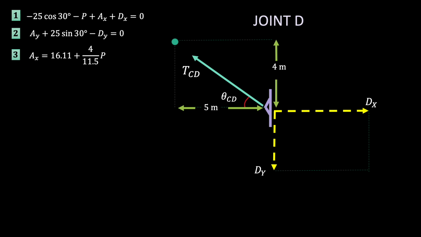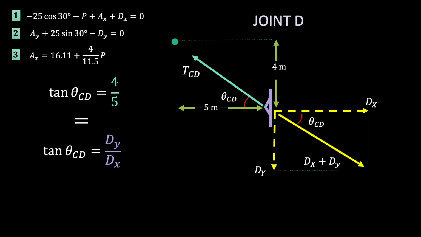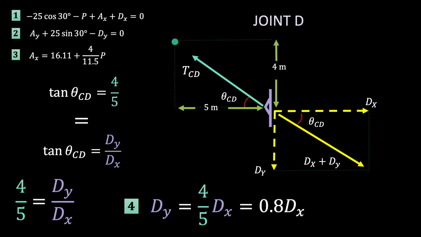Starting at joint D, we know that for equilibrium, TCD has to be equal and opposite to the combined effects of Dx and Dy. That means that the tangent of the angle with the horizontal, which we know from geometry, will be equal to the tangent of that angle using the reaction forces at D. So we can equate them and rearrange them to give us a nice expression for Dy in terms of Dx.